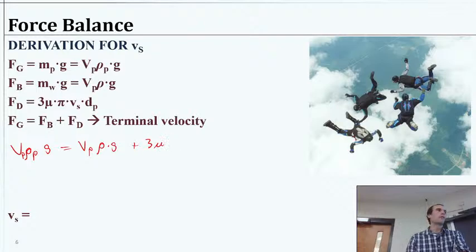This is the drag force on a sphere that's moving through a liquid. We're just going to take it for granted that the book is right on that, times this velocity term that we're going to solve for here, times the diameter of the particle.